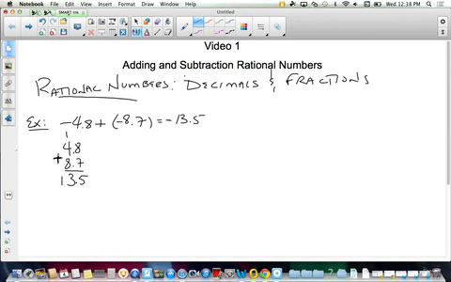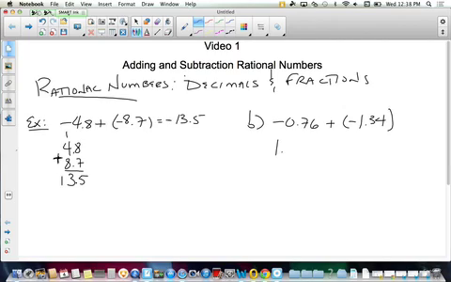What if I had negative 0.76 plus a negative 1.34. Okay. Again, look at the signs. Signs are the same.